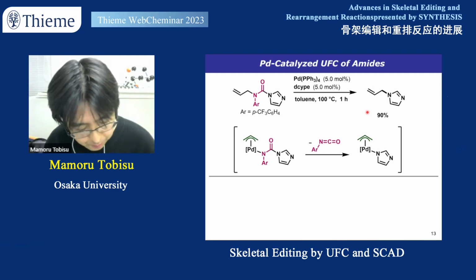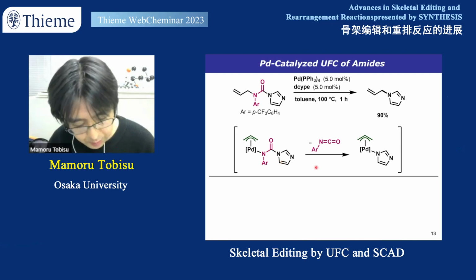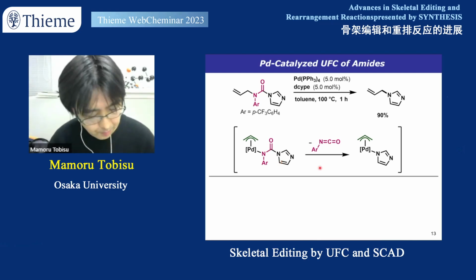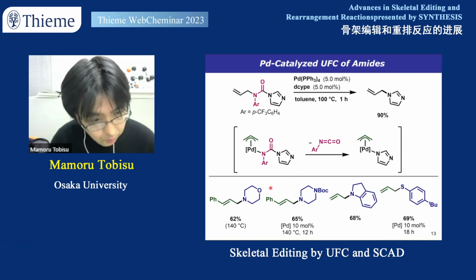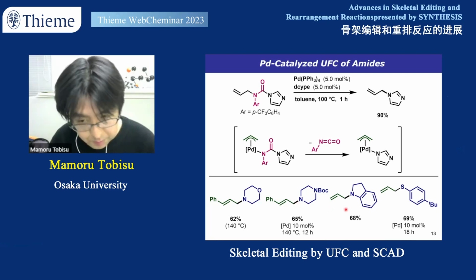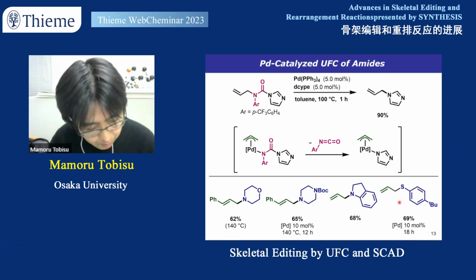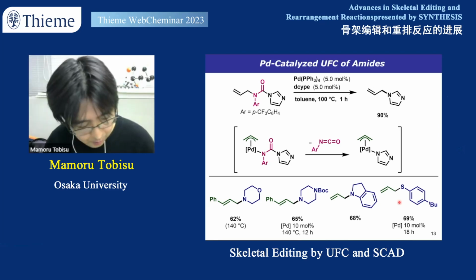The reaction possibly proceeds through the formation of this pi-allyl palladium species, followed by carbon-nitrogen bond cleavage to eliminate isocyanate. By using this protocol, not only the nitrogen heterocycles, but also the aliphatic amines or aniline derivatives, and even thiol can be used successfully in this catalytic UFC reaction.